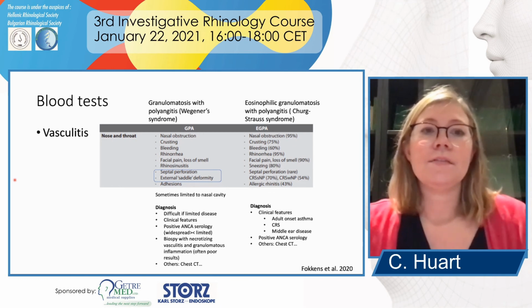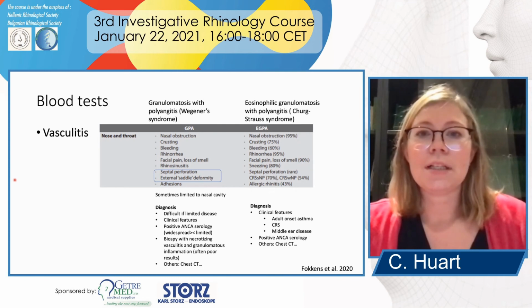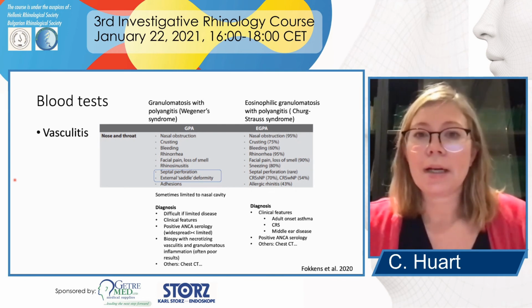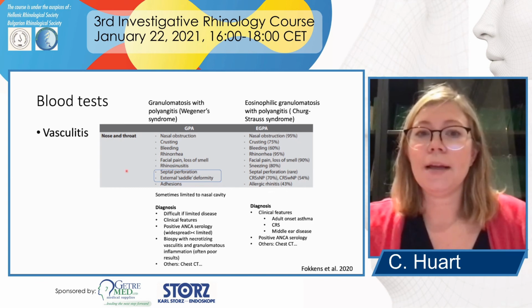Now, regarding vasculitis, in the area of the nose and paranasal sinus, there are two main vasculitis that we keep in mind. First is the GPA, so the Wegener syndrome, and the other one is the Churg-Strauss, so the EGPA. These diseases have clinical features with nasal obstruction, crusting, bleeding, rhinorrhea.